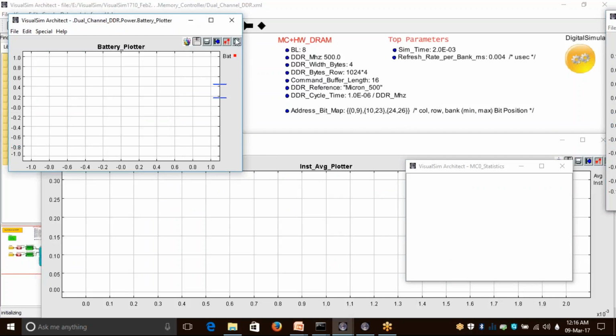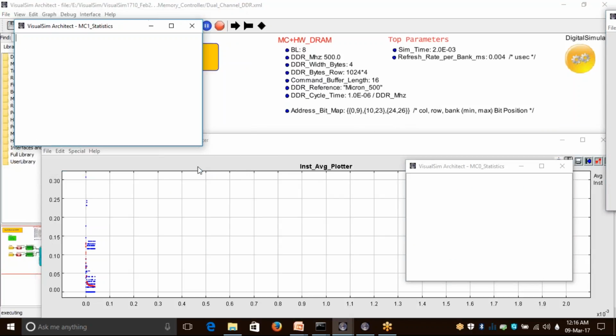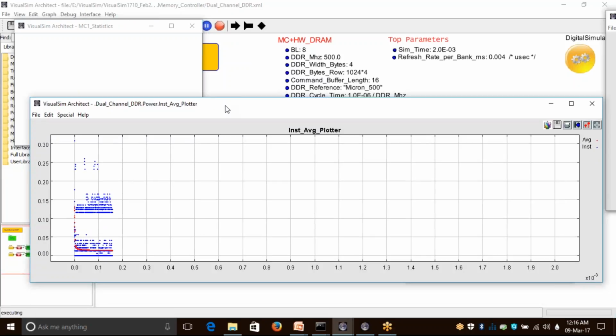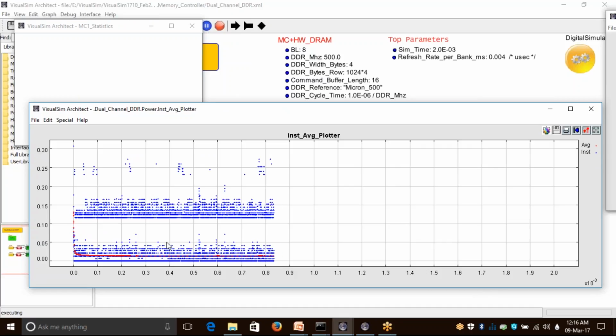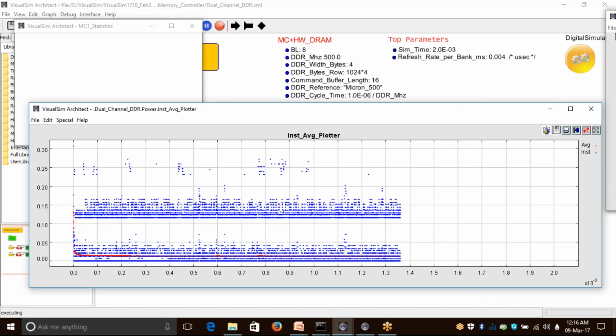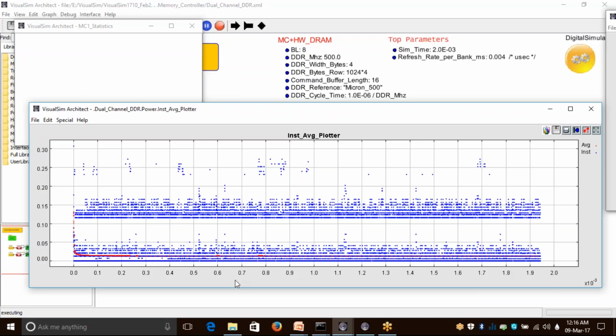In this case, we are looking at instantaneous versus average power consumption. What you see here, the blue dots are instantaneous power consumption when your memory banks are being utilized, while the red one is the average power consumption.